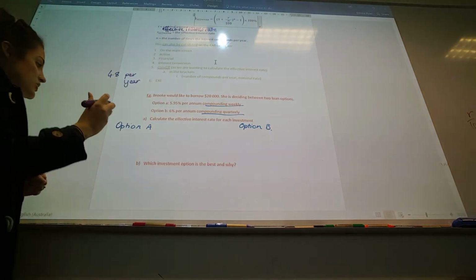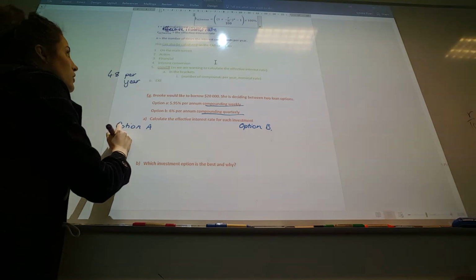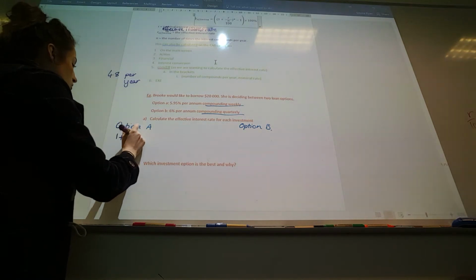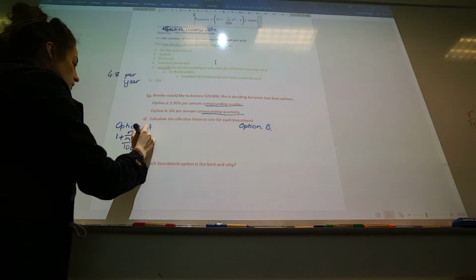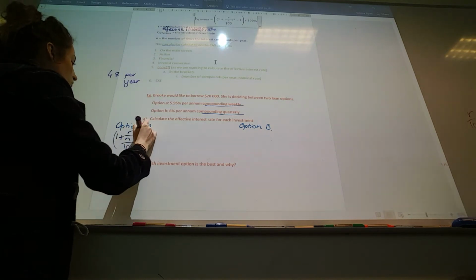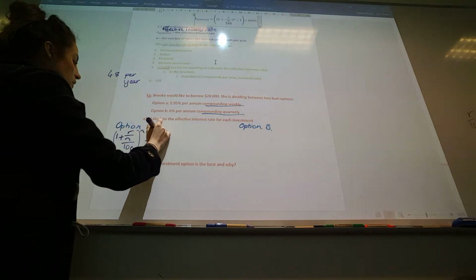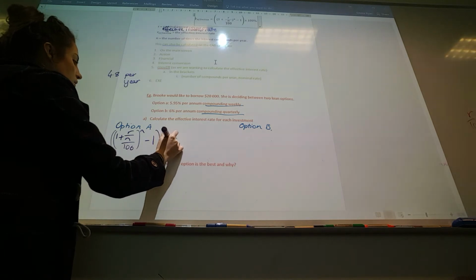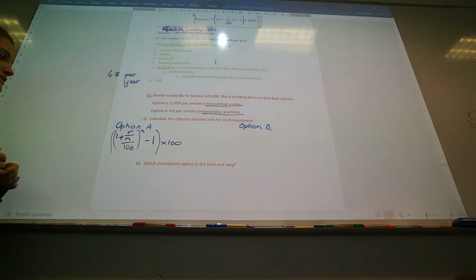Okay, so option A, using our formula, we've got 1 plus R over N over 100, to the power of N, take 1, times 100. So that's our formula.